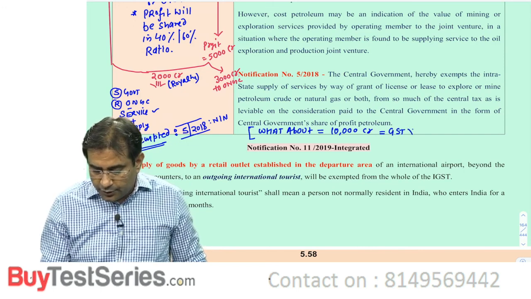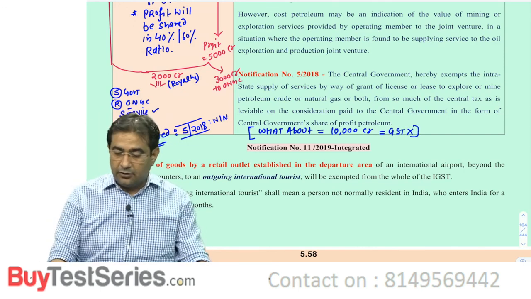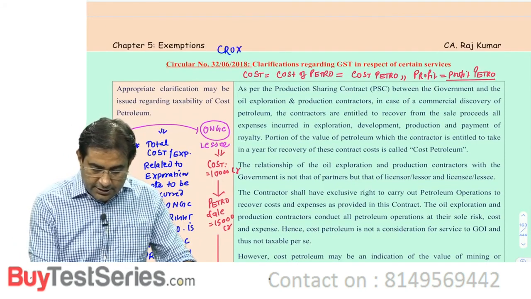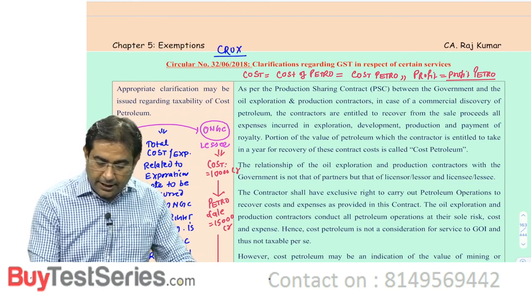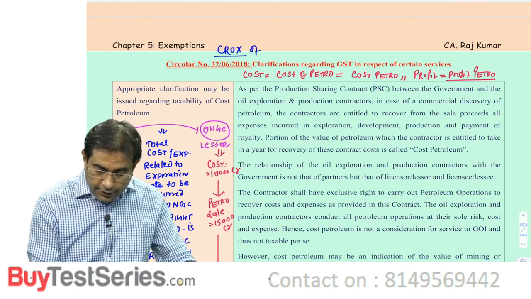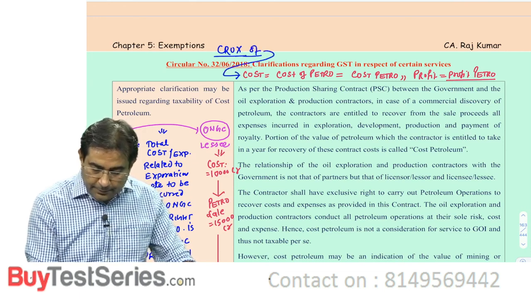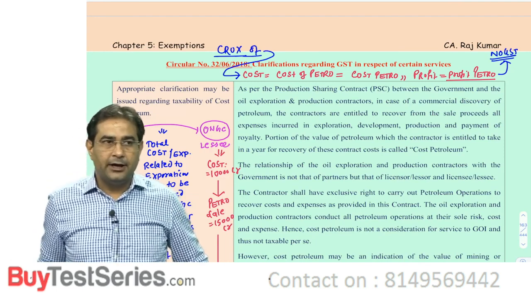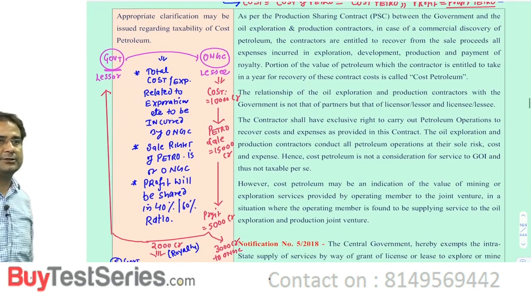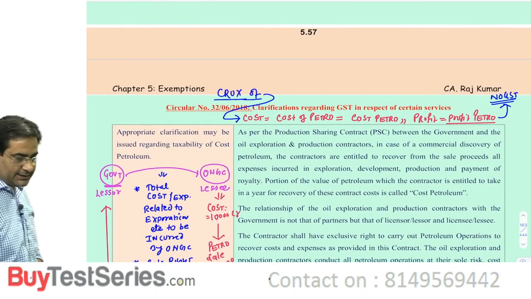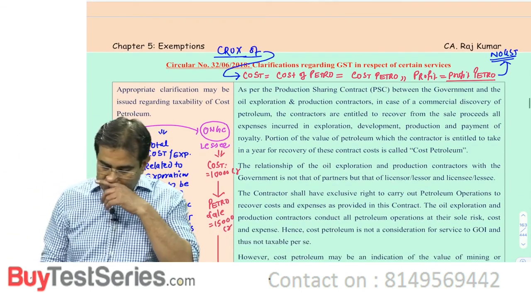So it can be simply said, the crux of this circular and notification is that cost petroleum and profit petroleum attract no GST at all. Because government is completely involved in this picture, GST cannot be there. So this is the provision.